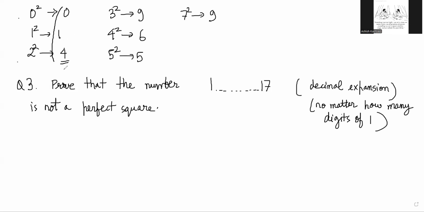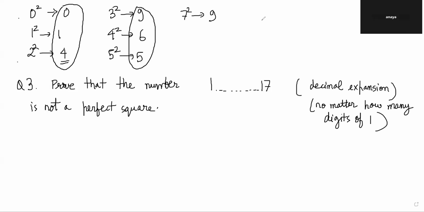So the only possible digits that appear are these. So this cannot be a perfect square because it ends in 7.